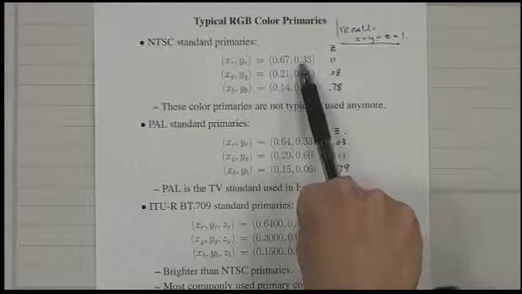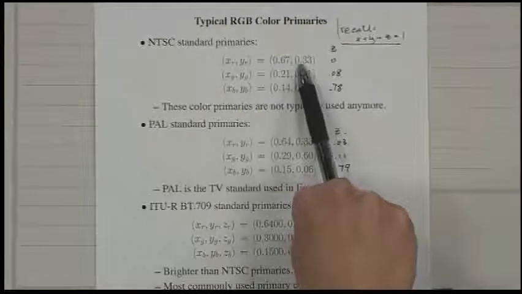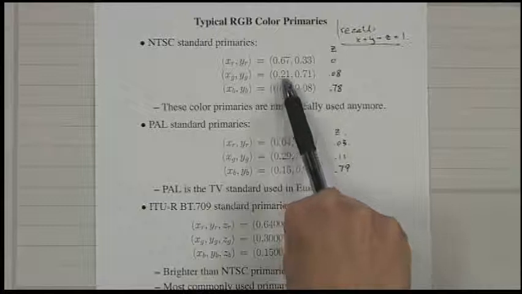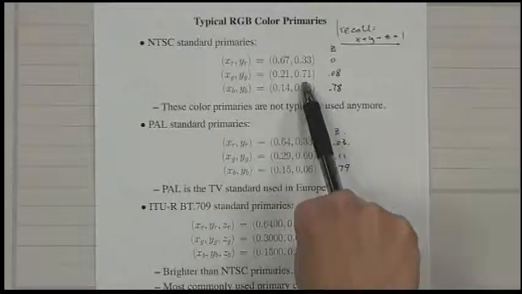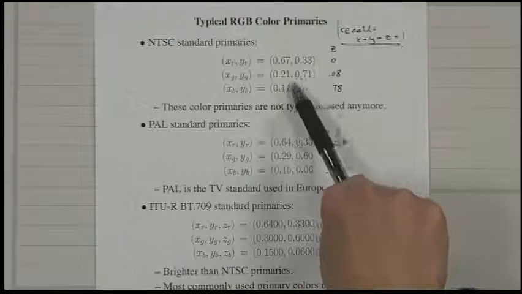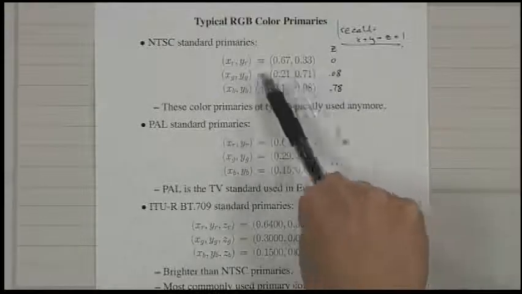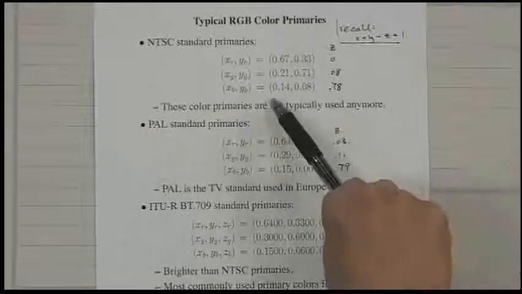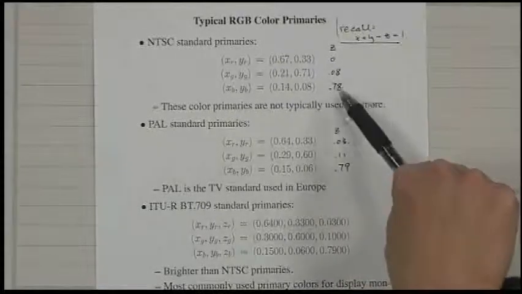For the first case, you sum them up and get 1, so the z coordinate is equal to 0. For the second one, you get 0.92 if you sum the two coordinates, and 1 minus the sum of these two numbers gives about 0.08. And for the last one, we get 0.78.